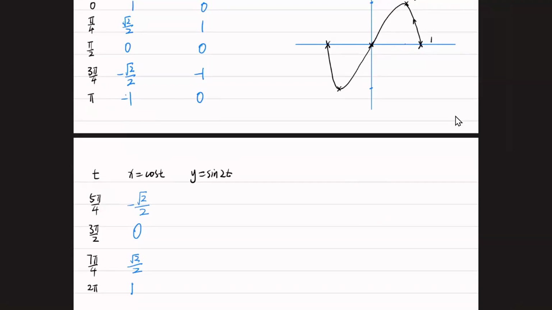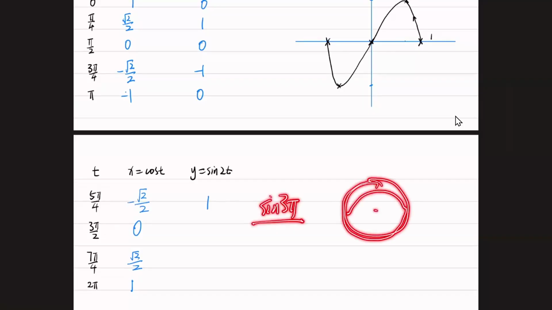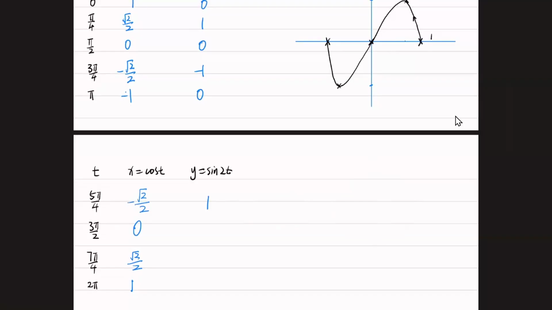Okay, now we get 1. Also times 2, we get 3 pi. So pi, 2 pi, 3 pi over there. Sine 3 pi is 0.